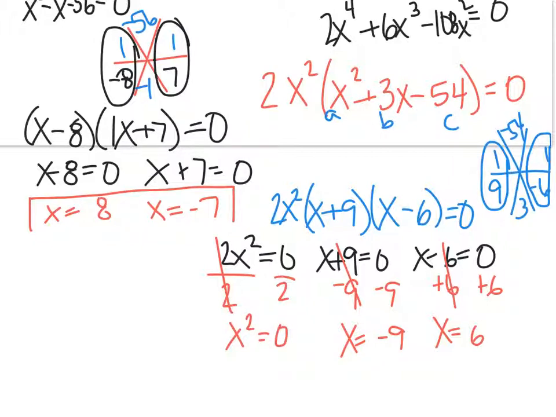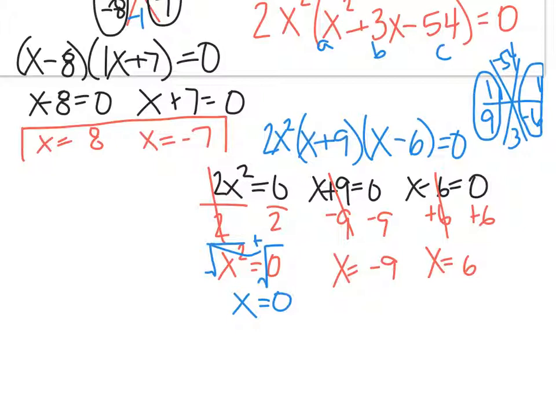And if you remember, the inverse of squared is a square root. So those will cancel. And I have to remember, when I take this square root, my answer is going to be positive and negative. So I'm going to have x equals positive and negative 0, but that doesn't make sense. So that means positive and negative 0 is just 0. So my answer of 0 shows up twice.